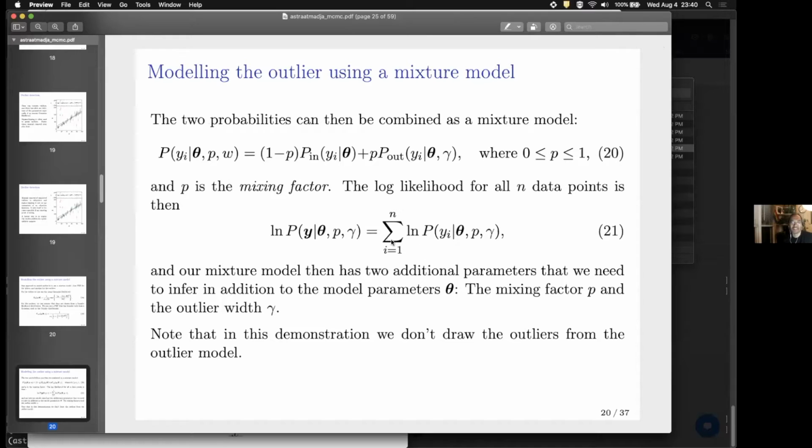So this is the likelihood for observing the data that we have, given the parameters, the mixing factor, and also the width of the Cauchy distribution. We have to infer this as well together with the parameters. We can guess, but we're already doing multidimensional sampling, so why don't we sample it as well? Now, with the straight line model, we have two parameters, and here are an additional two.